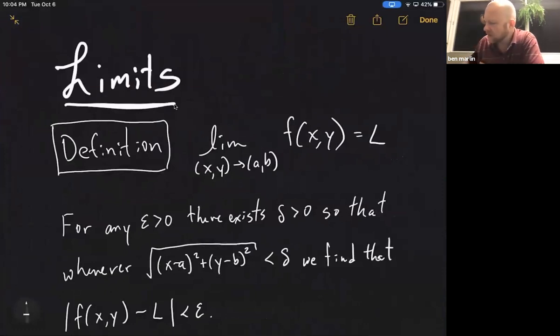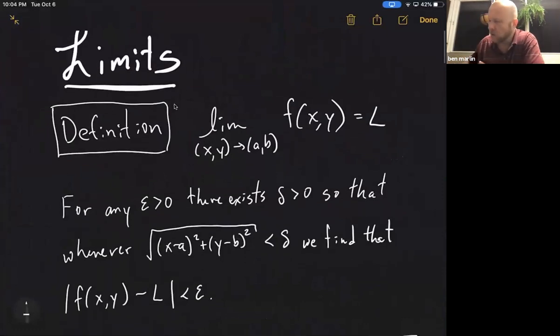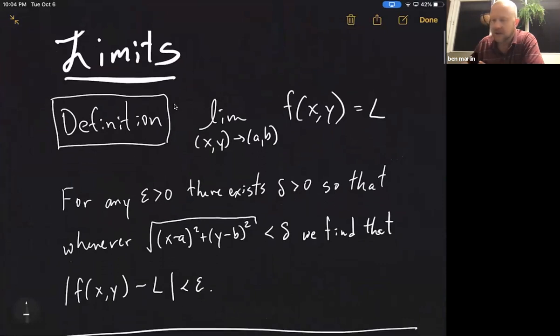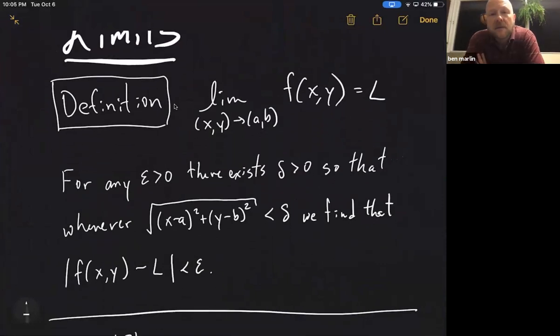So here's our definition for what a limit is, okay? If you have the limit as (x,y) goes to (a,b), usually we're talking about it going to (0,0) because that's just the easiest case to talk about.